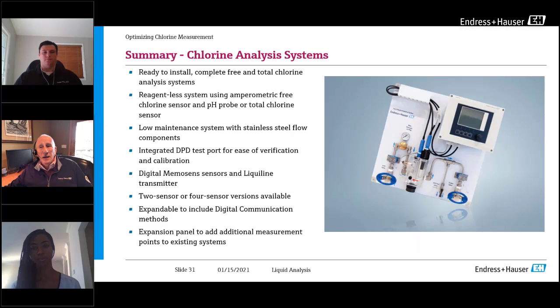Used to be that you had to generate chlorine dioxide on site with a chlorine dioxide generator, and now there are more simplified ways of getting it. We do offer a chlorine dioxide probe, which we haven't talked about in this presentation, but we do have the ability to measure chlorine dioxide as well as free or total chlorine with an amperometric sensor technology as well.